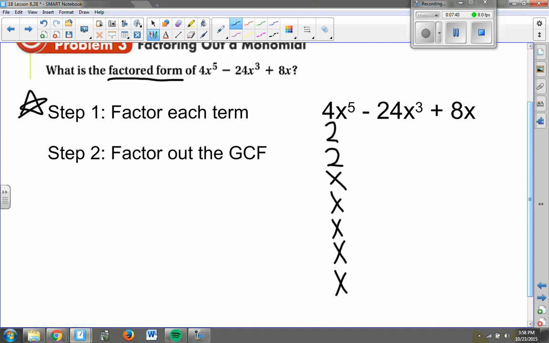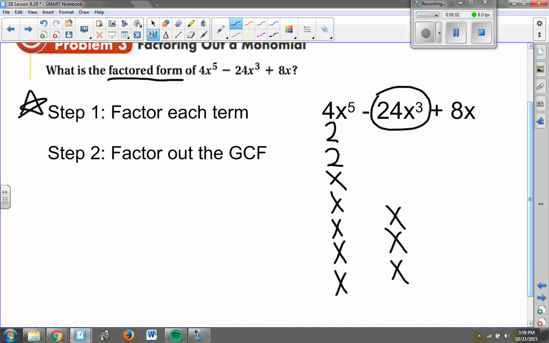That's factored out. Now, I have a minus 24x to the 3rd, but I'm not going to worry about the minus right now, just that 24x to the 3rd piece. And I'm going to list out all the numbers I can multiply together to get that. I know that there are 3 x's, x, x, x, x to the 3rd. And now numbers for 24.